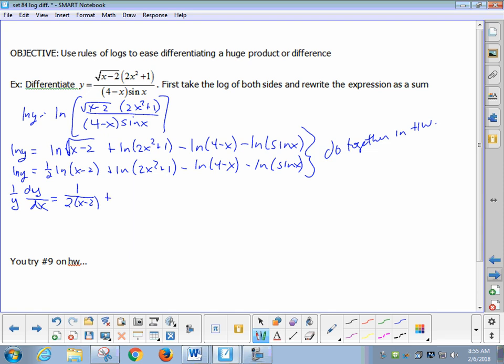What's the derivative of log of 2x squared plus 1? 1 over 2x squared plus 1, then by chain rule, 4x in the top, yeah? The next one, derivative of the log is 1 over 4 minus x, derivative of the inside is -1, so that turns positive, yeah? And the last one, derivative of the log is 1 over sine, but the derivative of the inside is cosine.